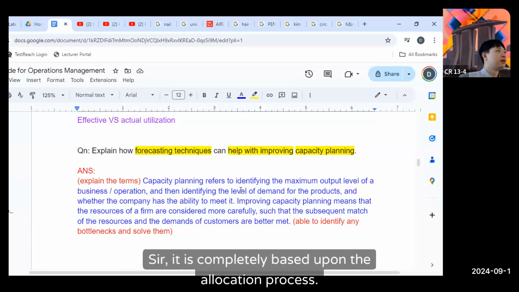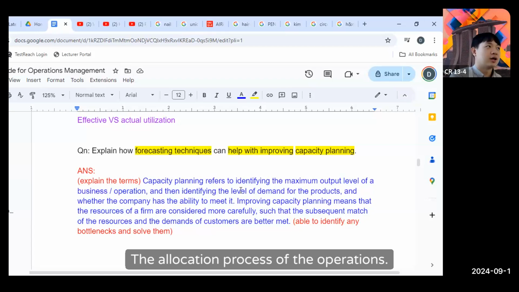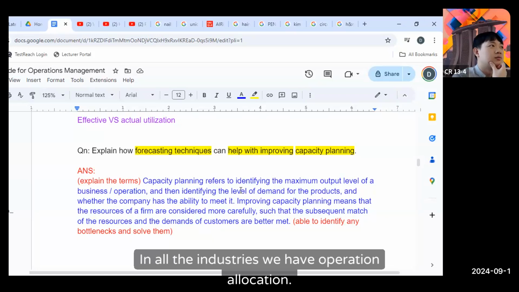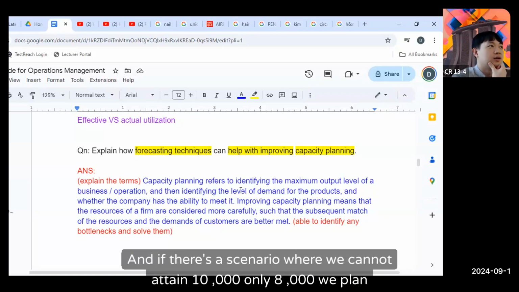It is completely based upon the allocation process of the operations. In all industries we have operation allocation. So we plan for 10,000, and if there's a scenario where we cannot attain 10,000, only 8,000, we plan accordingly through allocation.